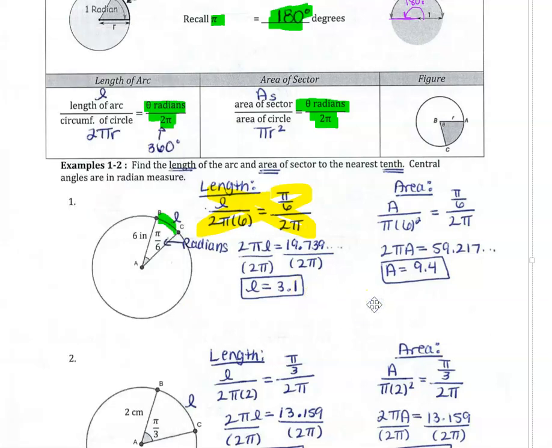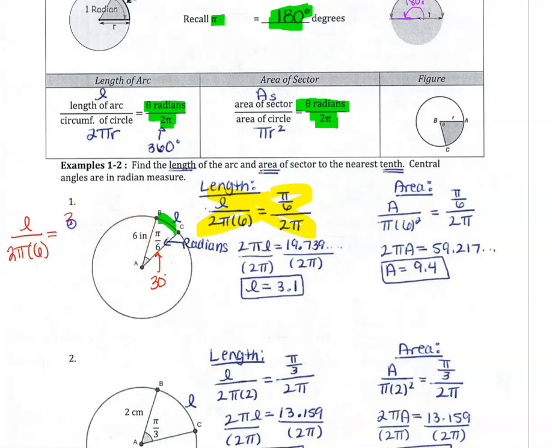Now, I mentioned this before as well. Technically, you could think about this as 30 degrees, because 180 divided by 6 is 30, and then solve for arc length or area in terms of degrees. So I could do L over 2 pi r.